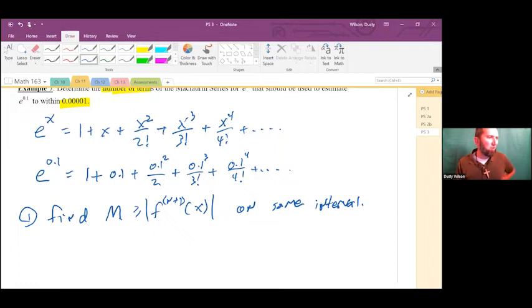Well, we can't go up to 0.1 because that's the value that we're actually trying to look for. Maybe if we wanted to go to something nice, like ln of 1.